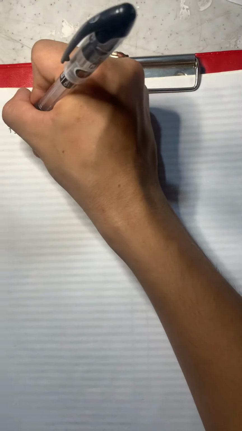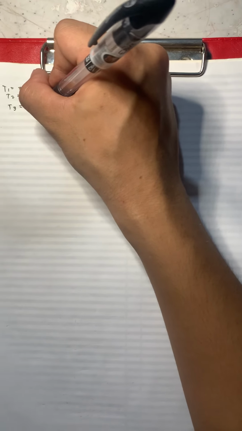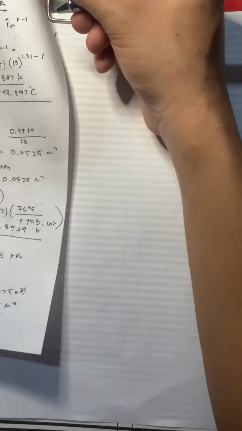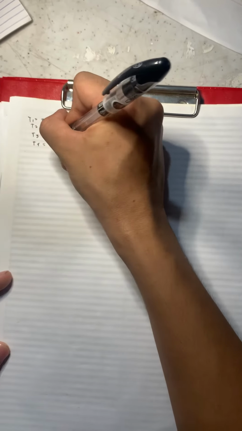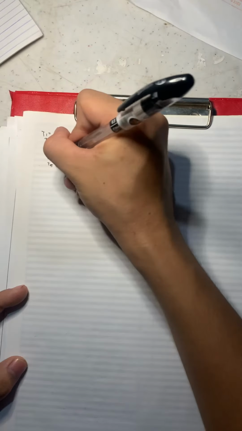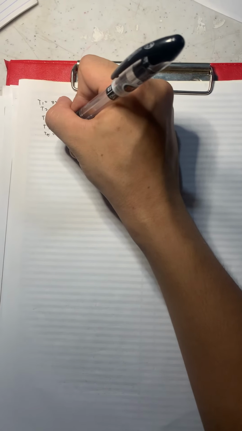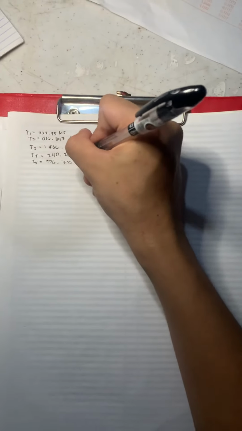T3 equals 1406.858 Kelvin. T4 equals 2110.287 Kelvin. T5 equals 976.777 Kelvin.